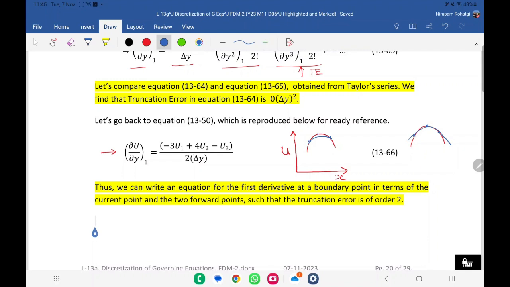Either you reduce the size of the grid. If you reduce the size of the grid, again you are more accurate in that region. Or, if your grid size is bigger, you take more number of points, and then also you are accurate.